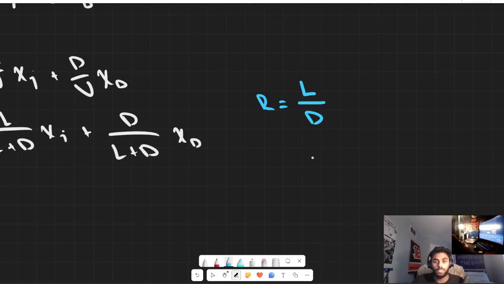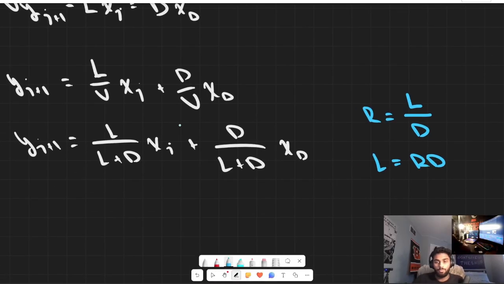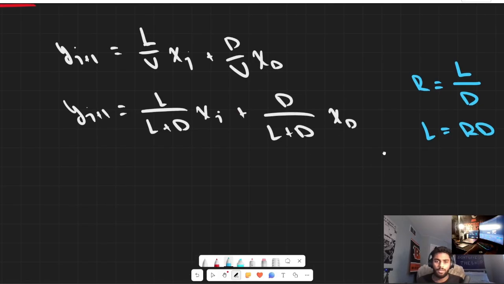I think the best way to do this is rearrange this, L equals RD. Well, you could do it two ways. One way is that you could plug in RD for each time you see L and then try and divide out the distillate and have it done that way, or you can plug in L over D, and I think I'm going to go with that option.